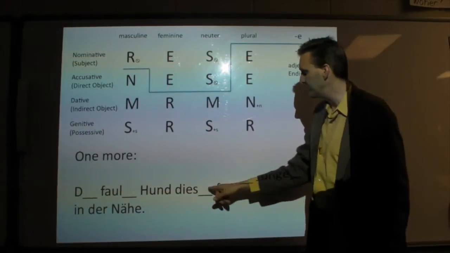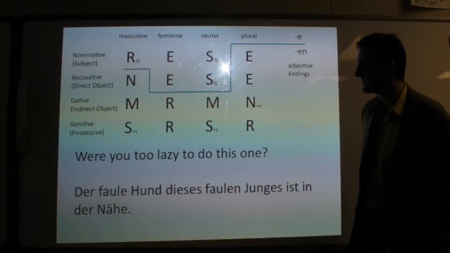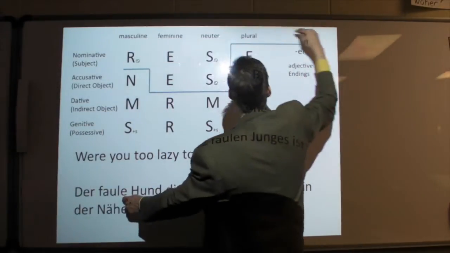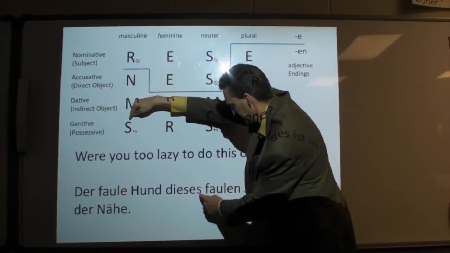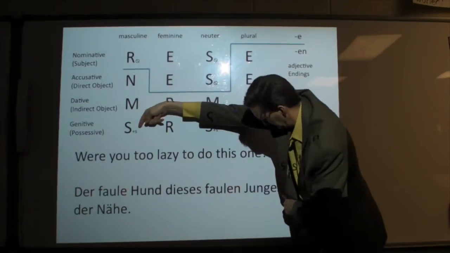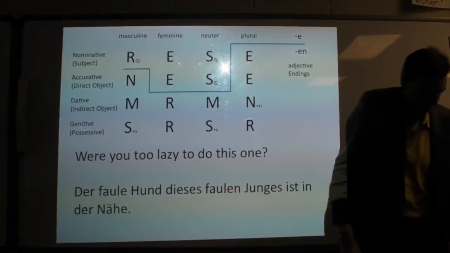Junges. So we got dieses faulen Junges. Wow. I'll show you one more time just to make sure you got that. We have der, above the line, faule Hund, dieses faulen Junges. Oops. Junges is in der Nähe.